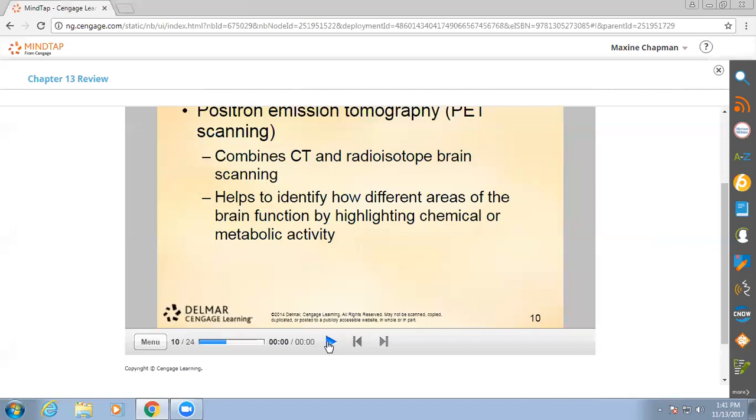So what's the difference between MRI and CAT scan? CAT scan is showing you slices. MRI uses radio waves, and so it's not radiation.